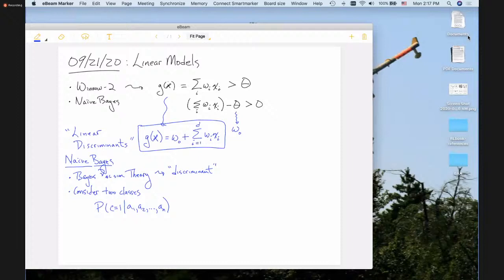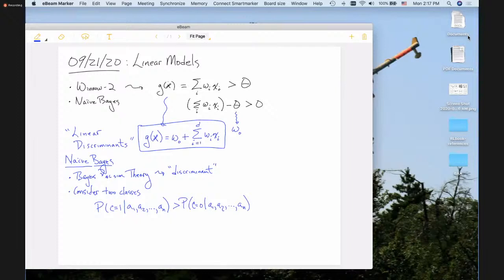And in particular, we were testing to see if that probability was greater than the probability that the class variable is equal to 0, given that same vector of attributes. So that was the mathematical goal that we were working with.